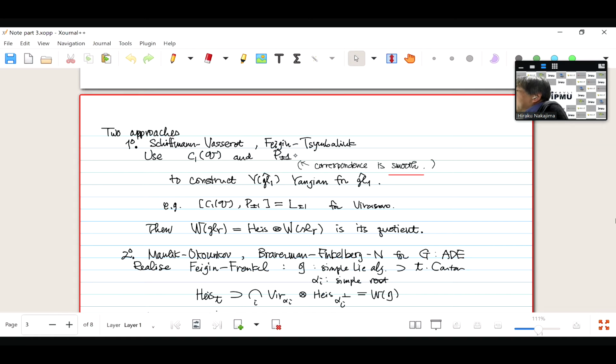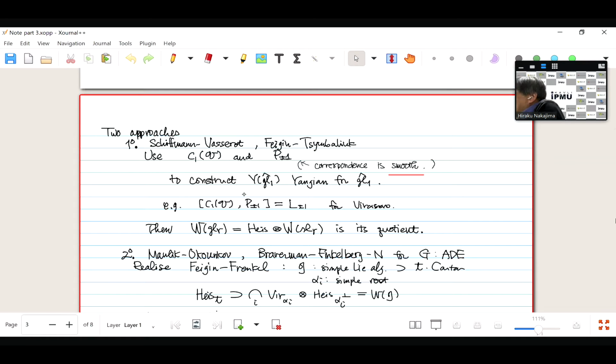Then the computation becomes combinatorial, and they can understand the commutation relations between the composites of those pairs of operators. And then they observe that in fact these two or three operators generate the so-called Yangian of affine gl_1 hat.